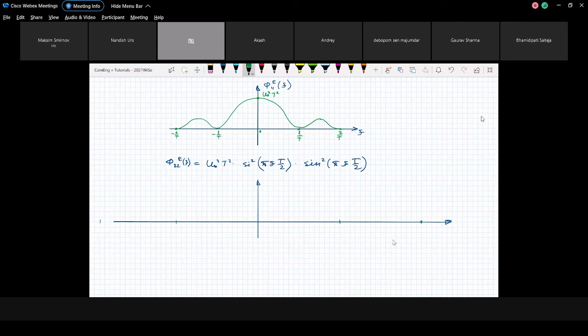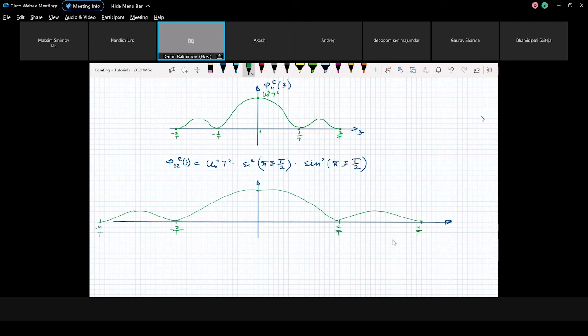So now let's try to show this function. This is our c square function, and again, it must be very smooth. This is our 2 by t, and the next zero is at 2 by t and minus 4 by t.